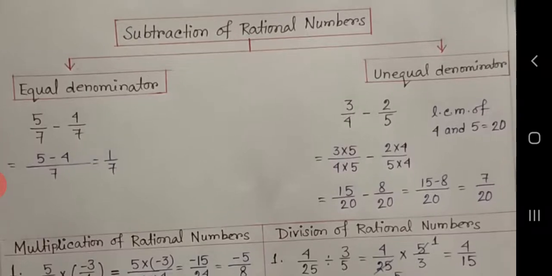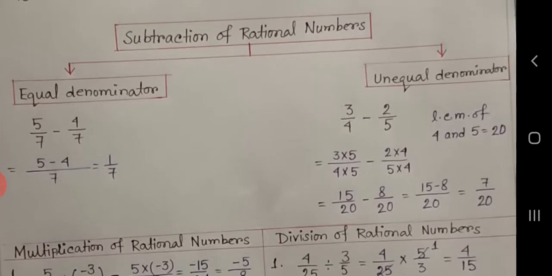Now coming to unequal denominator. 3 by 4 minus 2 by 5. Here the denominators are 4 and 5. So our first task is to find the LCM of the denominators 4 and 5. The LCM is 20, you all know.